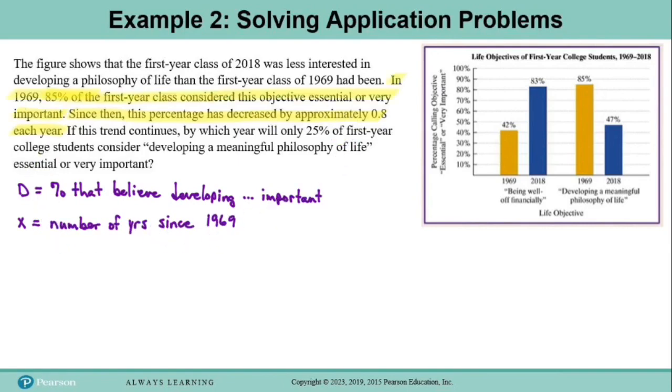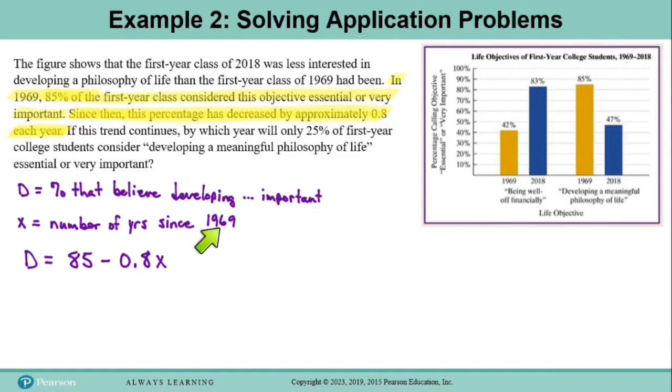So notice that in 1969, 85% of the first-year class considered this objective essential or very important. So we're starting at 85%, and we are decreasing the percent by 0.8 for each year. So our formula would be that d equals 85 minus 0.8 for each year.